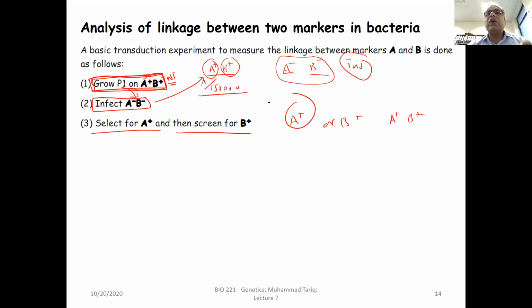A plus could be, for example, histidine. It was His minus. This one, for example, is leucine minus. These are the phenotypic screens or genetic screens you already did.